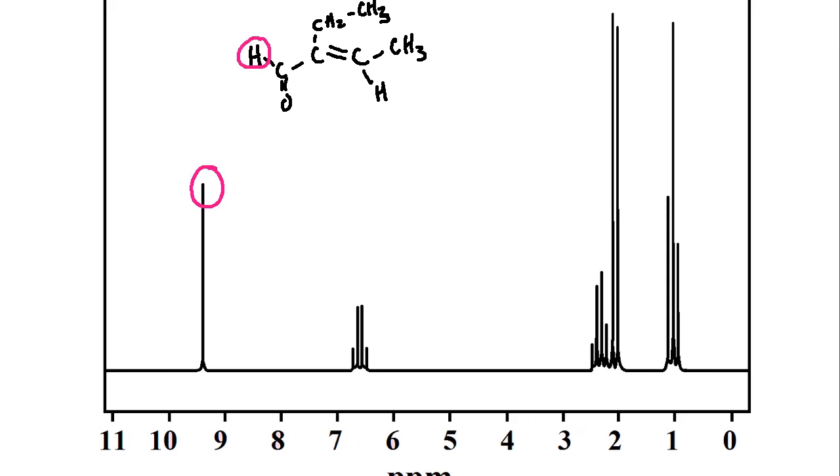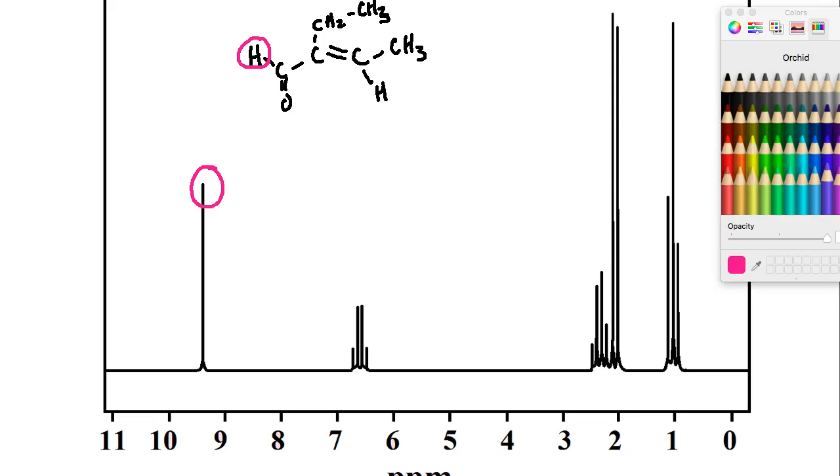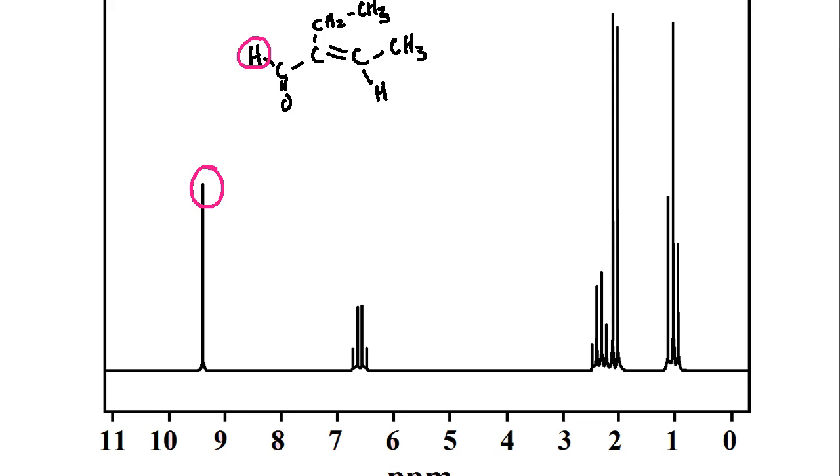All right, now the next thing that we have here, let's take a look at this. We can kind of reverse engineer some of this. This guy right here is appearing as a quartet. So that means if the n+1 rule holds, its neighbors should have a total of 3 protons, right? Because 3 + 1 is 4. So if we're working backwards, we also look at the ppm.